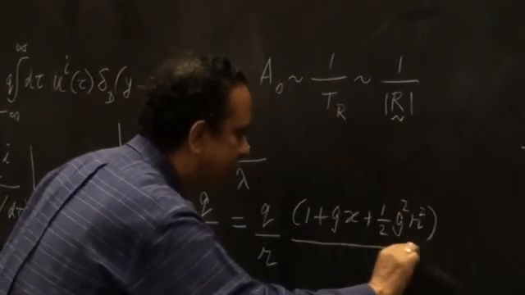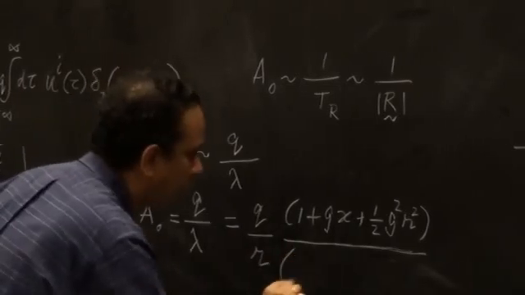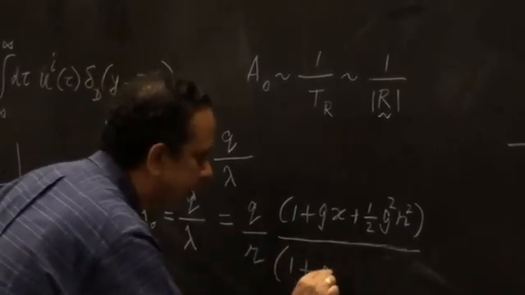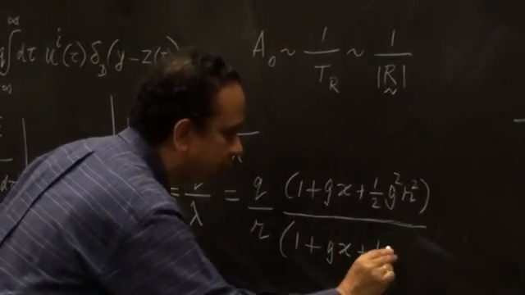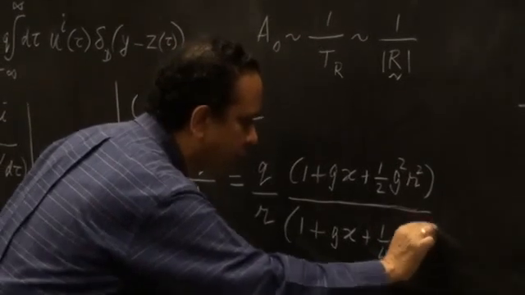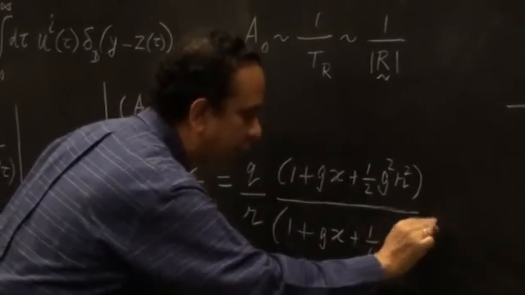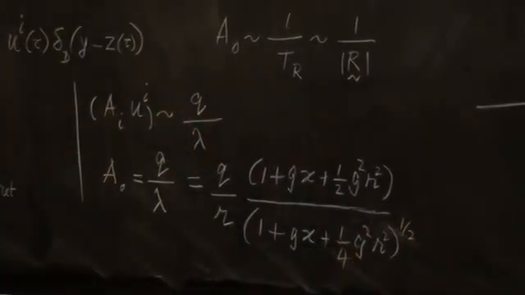R is defined as though it is a Cartesian coordinate system. 1 plus gx plus 1/4 g square r square to the power half. So this is the way usually it is given in papers.